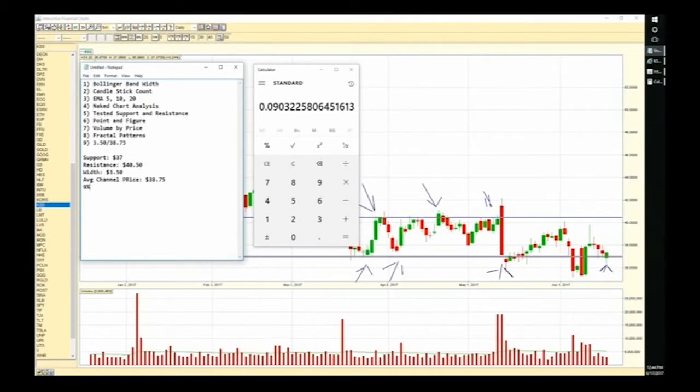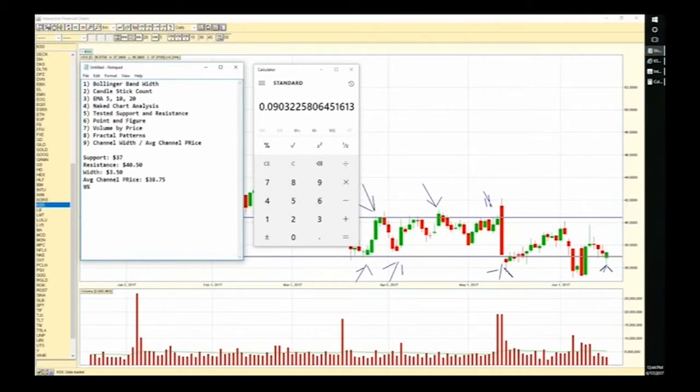So here's my rule of thumb for this strategy. I like it to be 10% or greater. 10 to 20% is the ideal channel width by channel price. So 10 to 20%, write that down in your notes.